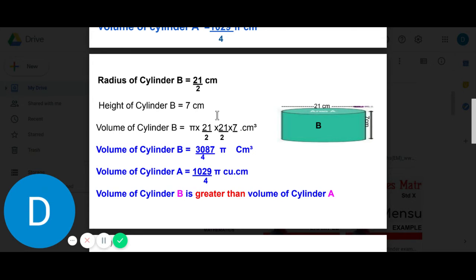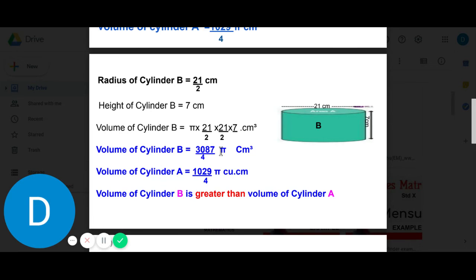This on multiplication, you'll get 3087 pi by 4 centimeter cube. So volume of the cylinder B is equal to 3087 pi by 4 centimeter cube, and volume of the cylinder A is equal to 1029 pi by 4 centimeter cube.